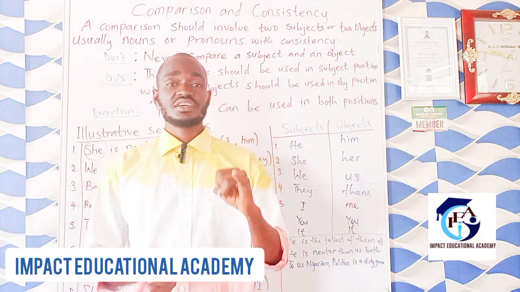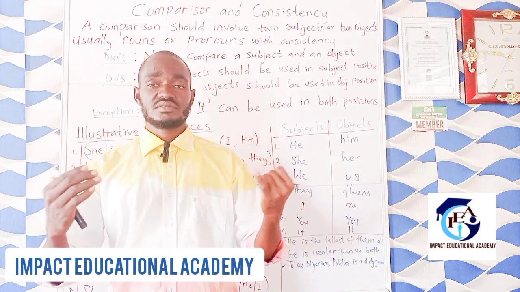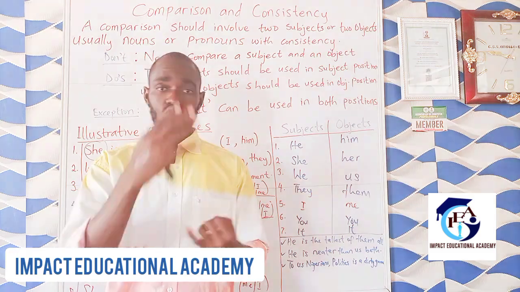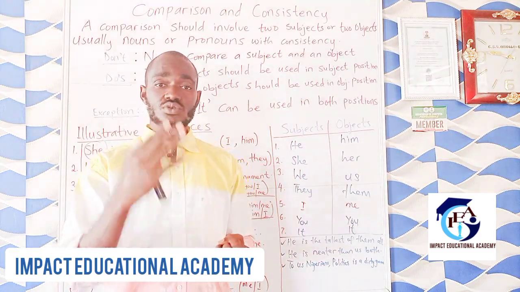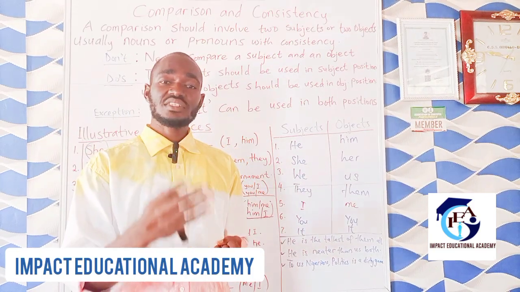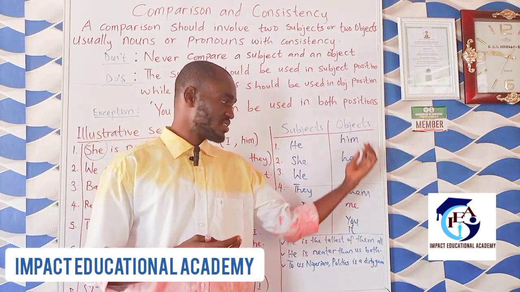The first thing is do's, and the do's is that if you want to compare, for comparison's sake, you still have to be consistent. When you are comparing two subjects, let us know that you are comparing two subjects. And when you are comparing two objects, let us know that you are comparing two objects.